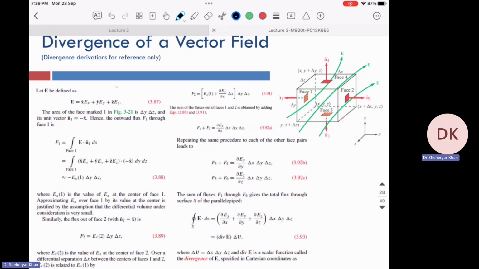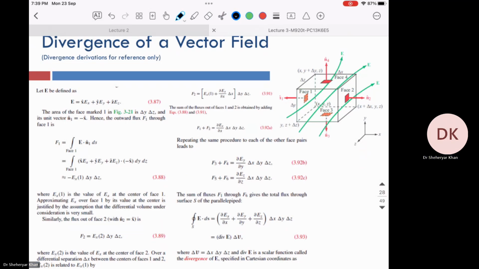If we take a sphere or a cylinder, then the coordinates are quite complex. So for simplicity, we will consider this x, y, z plane. We all know that the cube has 6 faces, right? So let's say the flux is entering from this side and leaving from this side. So we have 1, 2, 3, 4, 5, and 6 faces.